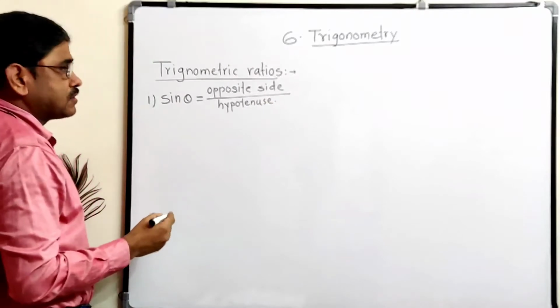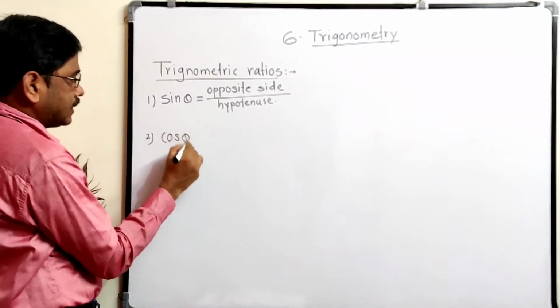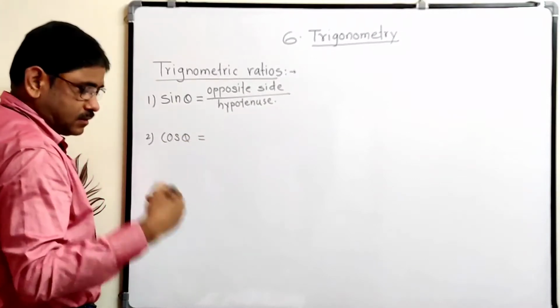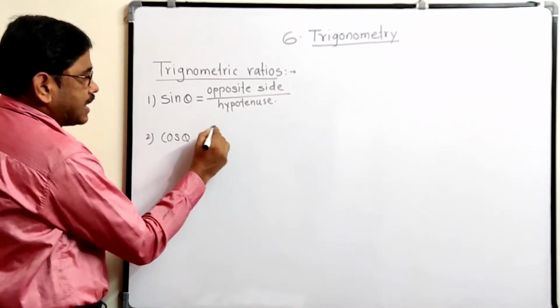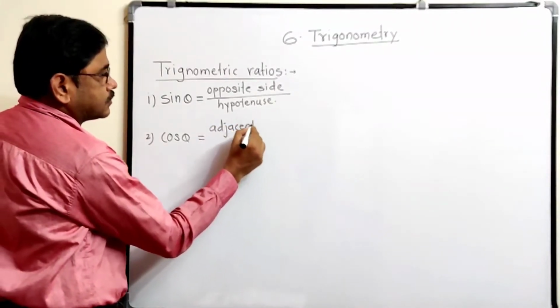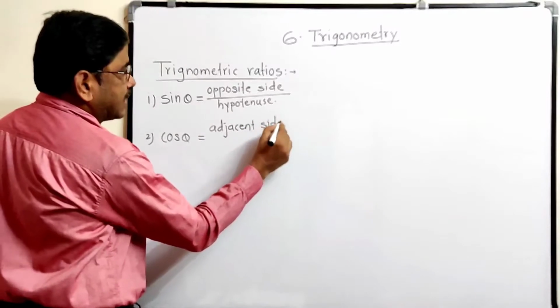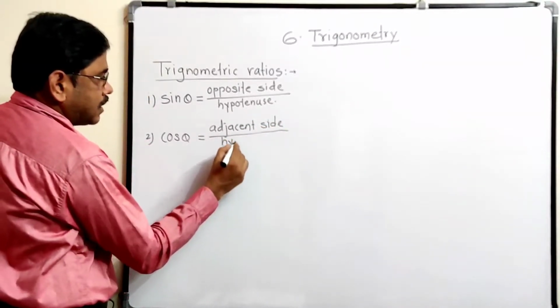This is the formula for sin theta. Second one is the cos theta, or it is called cosine theta. So we simply call it as cos theta, which is the adjacent side to that angle divided by hypotenuse.